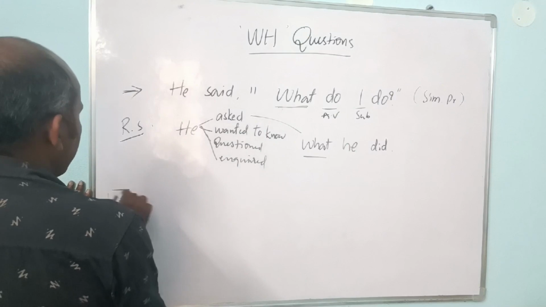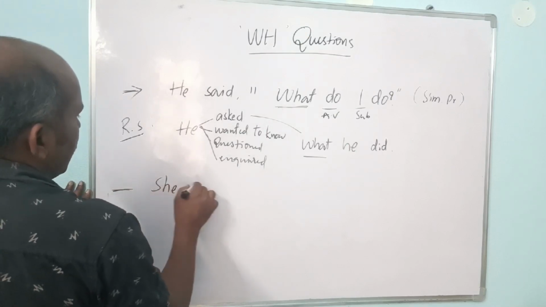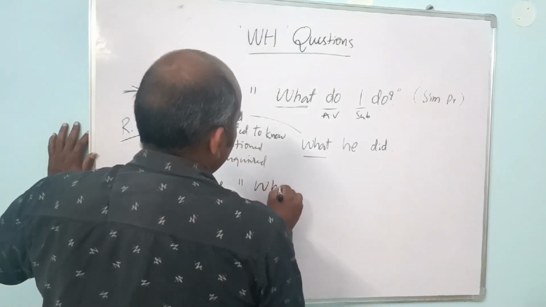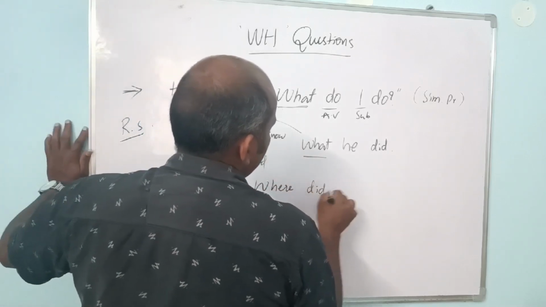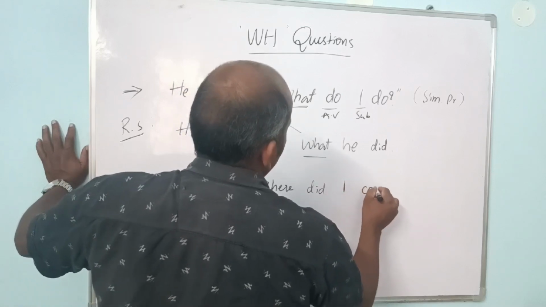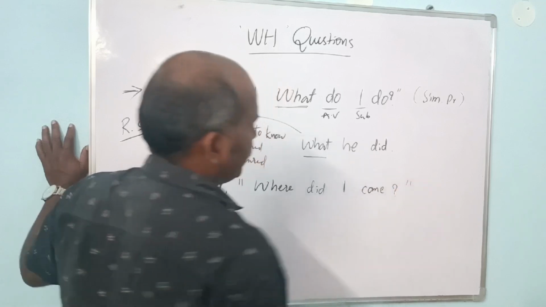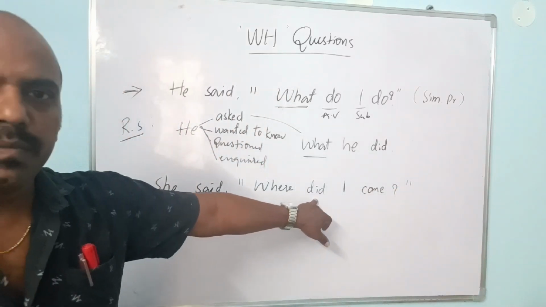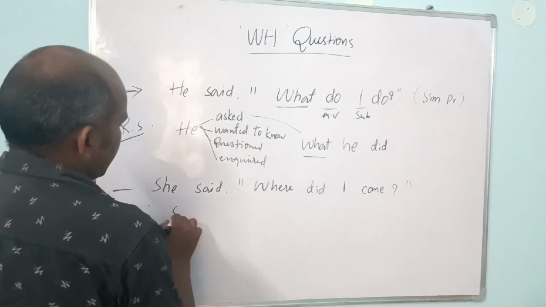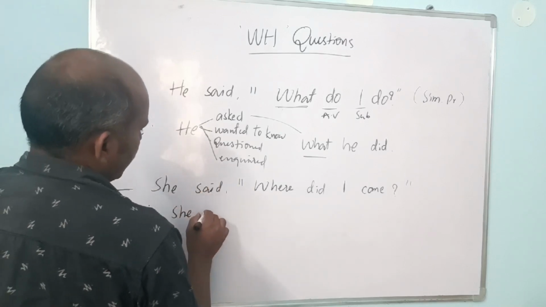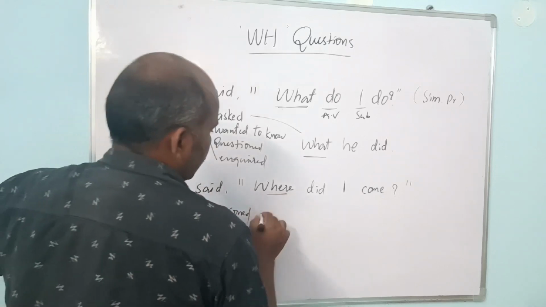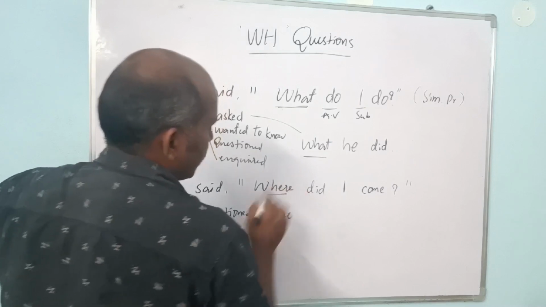Coming to simple past tense: she said, "Where did I come?" It is simple past tense, and the same in reported speech: she questioned where, which comes as it is as a conjunction.